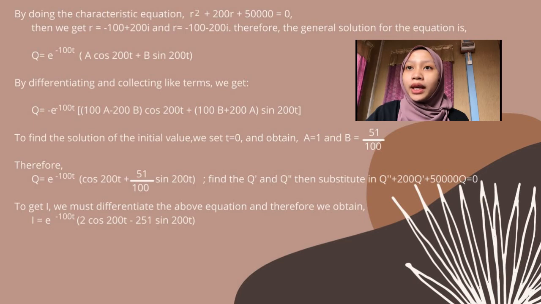And then we obtain A equals 1 and B equals 51/100. So we get Q equals e to the power of negative 100t, cos 200t plus 51/100 sin 200t. We continue to find Q prime and Q double prime, and then we substitute back into the first equation. So we obtain I equals e to the power of negative 100t, 2 cos 200t minus 251 sin 200t.